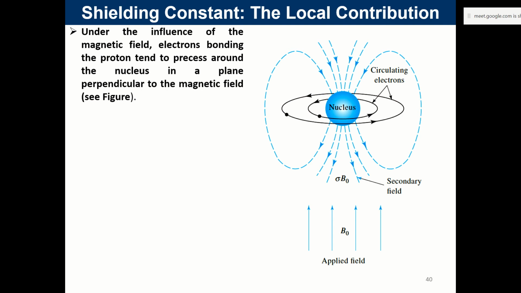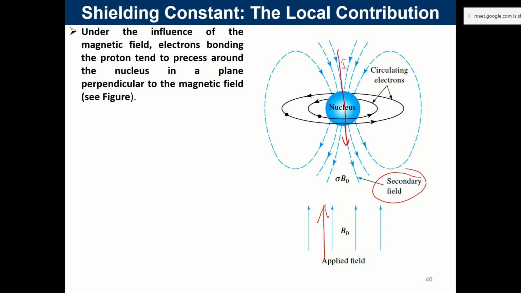This is what we were talking about. You have a nucleus and the electrons are circulating. They generate another field, the secondary field that we are talking about, and it tends to oppose. So you see at this point it is going like this, opposing the field, and the applied field is in this direction.